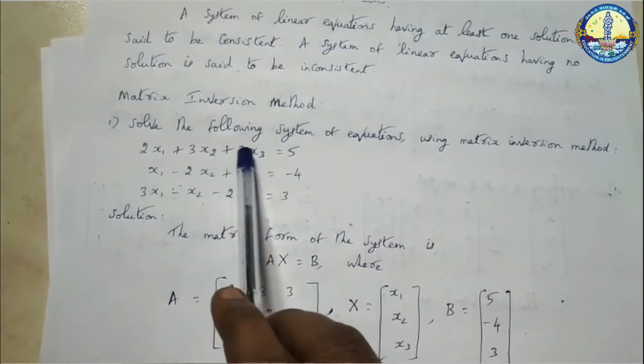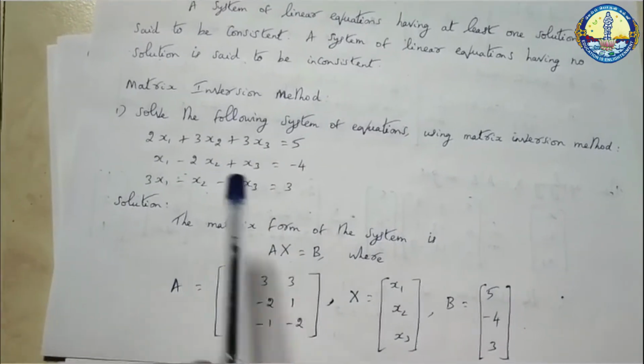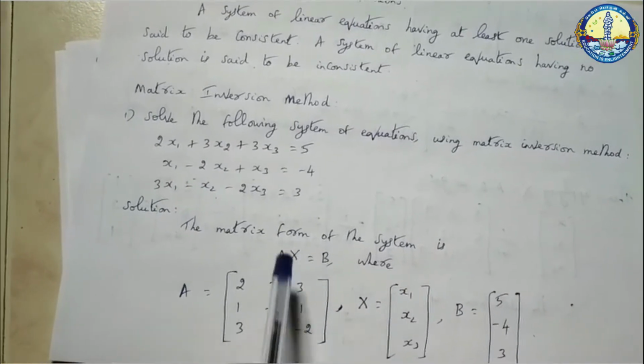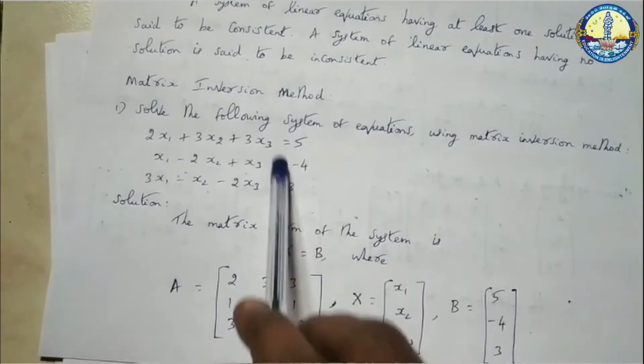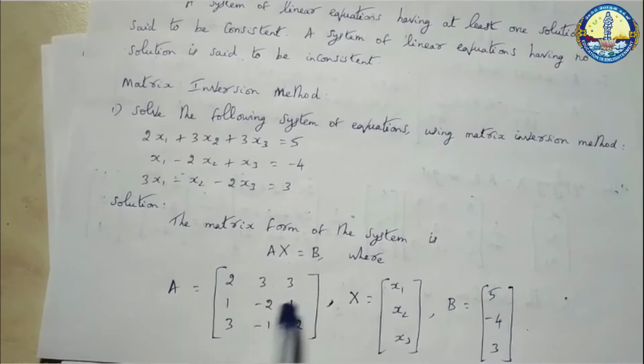If x3 were not present we would simply put 0, but here x3 is there, so 1. Third row: 3, minus 1, minus 2. A into x means x1, x2, x3, and b is the right-hand side: 5, minus 4, 3. So the given equations can be written like this.